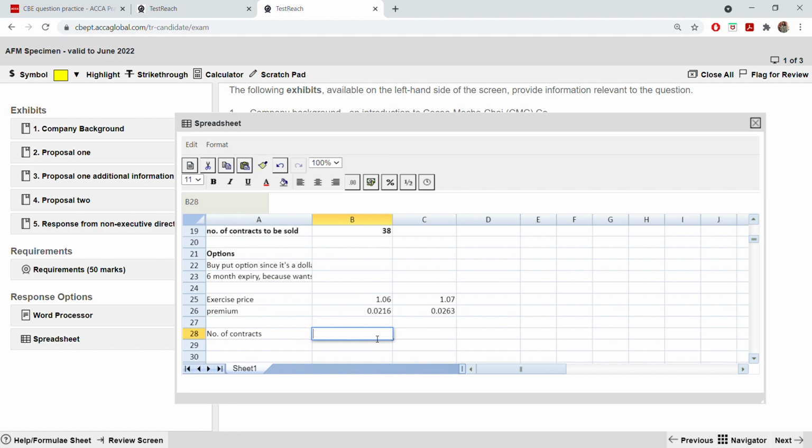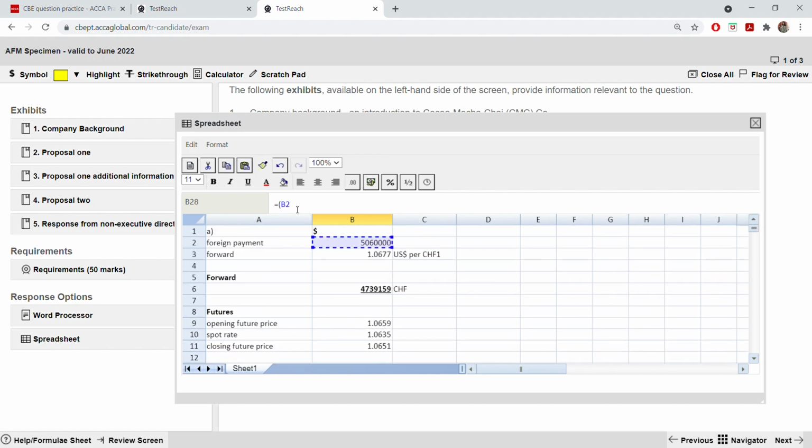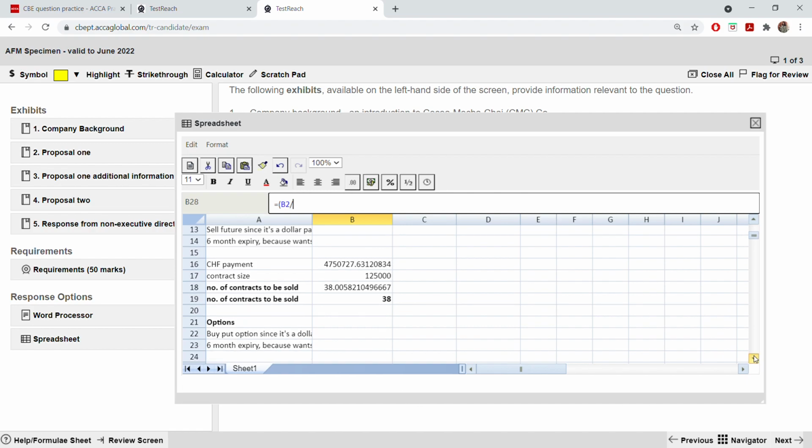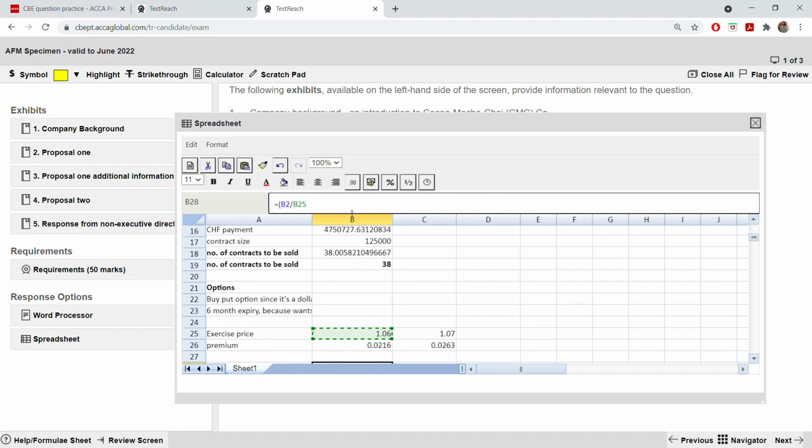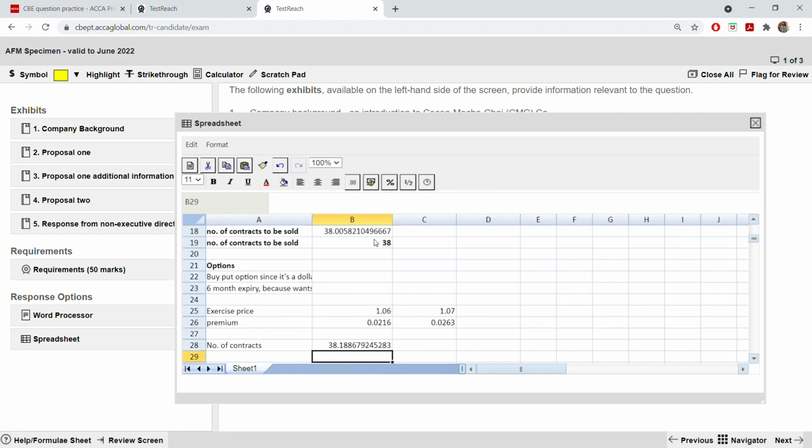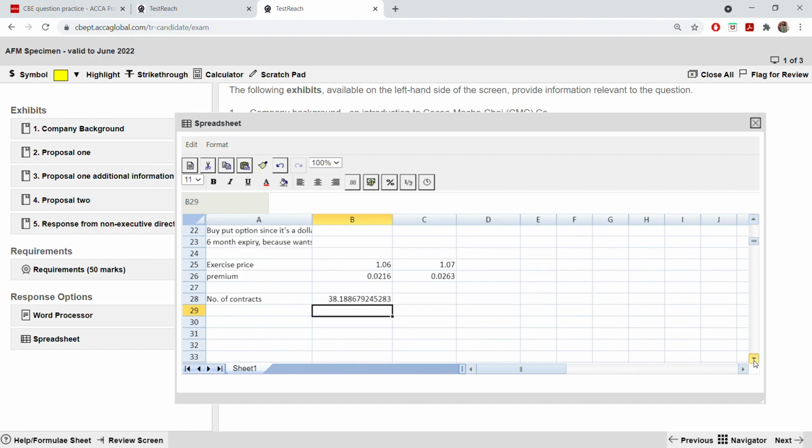It didn't work. Something went wrong. So this divided by this, close bracket, divide by this. I put a bracket, that's why it didn't work out. You see? So keep this here, and right below it, we are going to use 38 contracts.